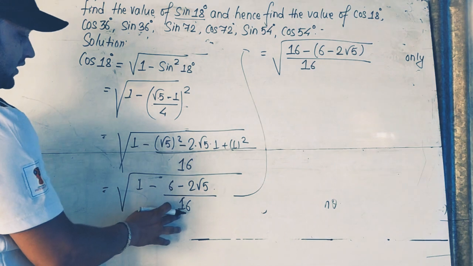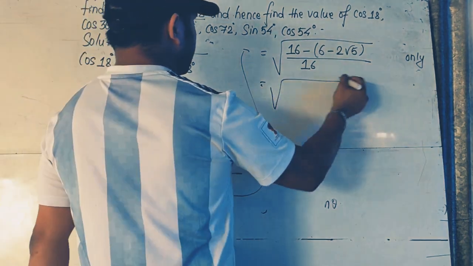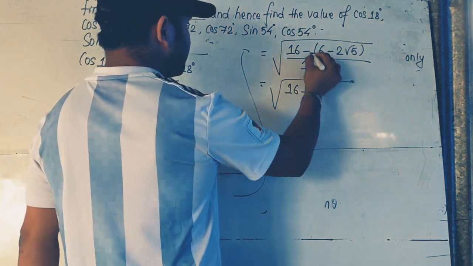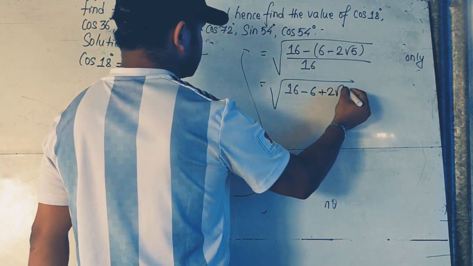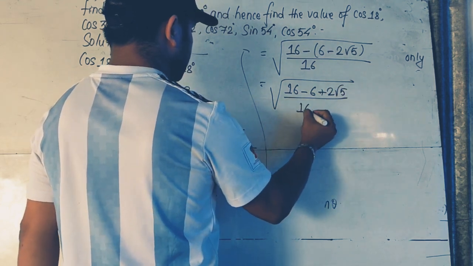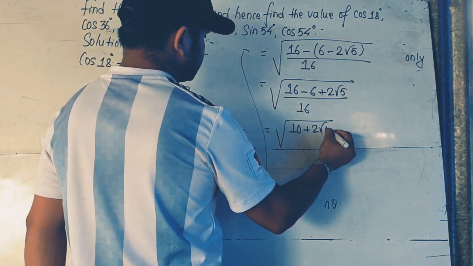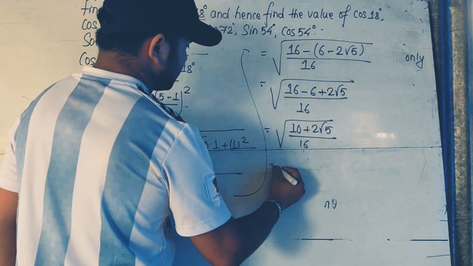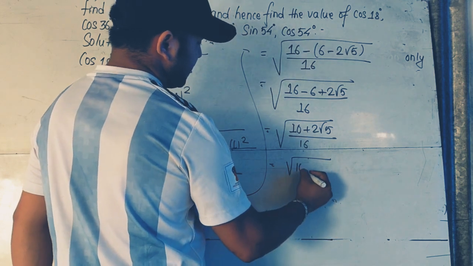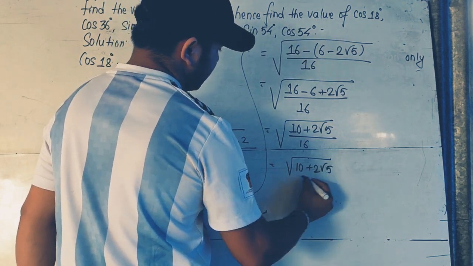We took an LCM here. Now let us remove the bracket. Remove this minus sign: minus into minus gives you plus. 16 minus 6 gives you 10. So this can be written as root under (10 plus 2 root 5) divided by 4.